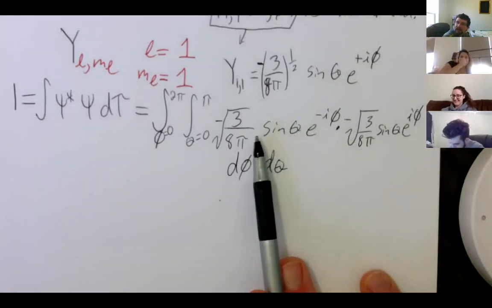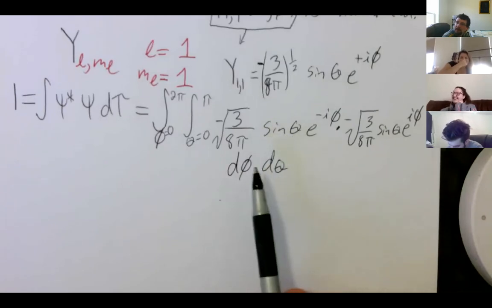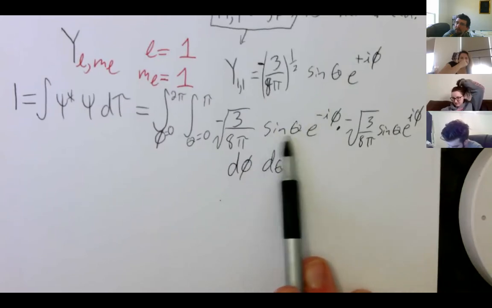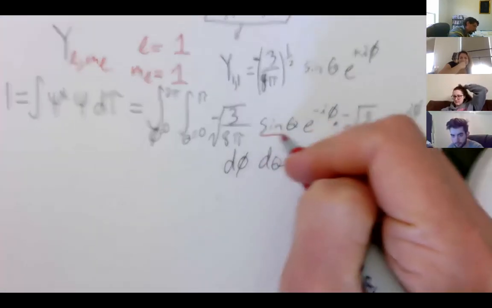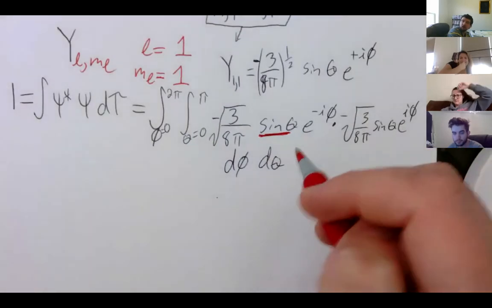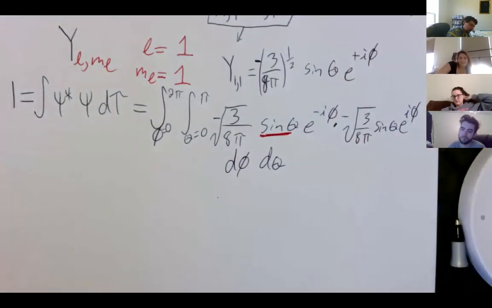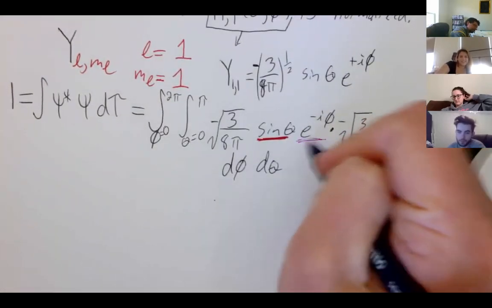So the question is, does this sine function depend on t at all? No, because it would cancel out. This part depends only on theta, and this part over here only depends on phi.